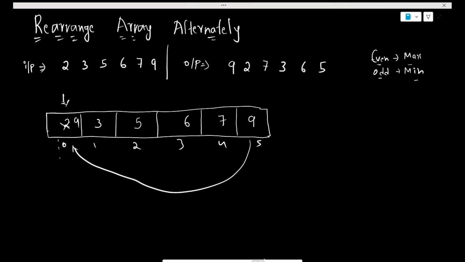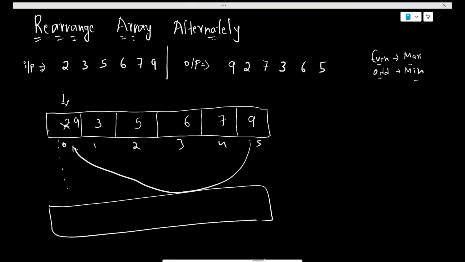So can we do another thing, like, wait, 1, 2, 3, 4, 5, 6. Can we store both 2 and 9 in the same block? No, that too is not possible. So how to overcome this?